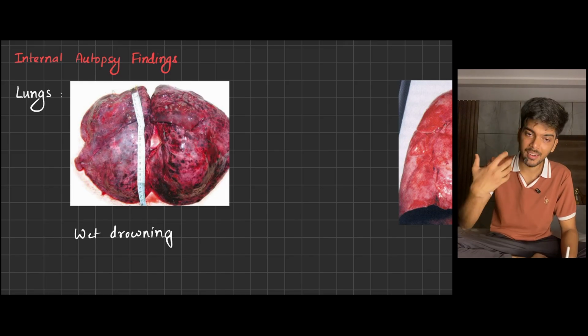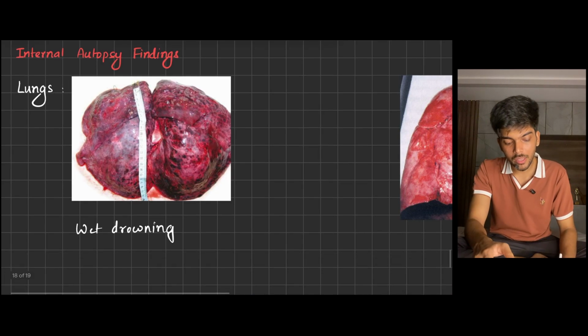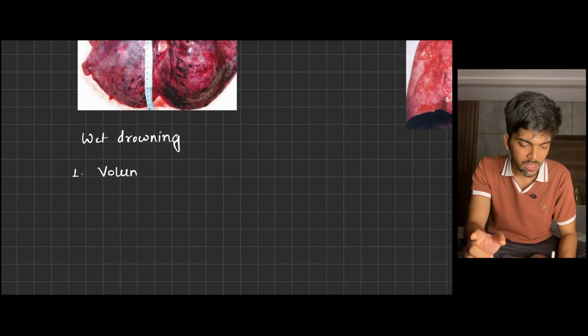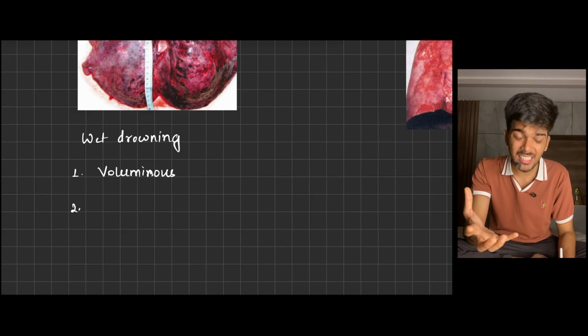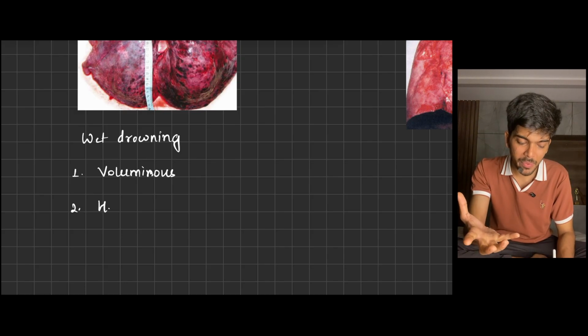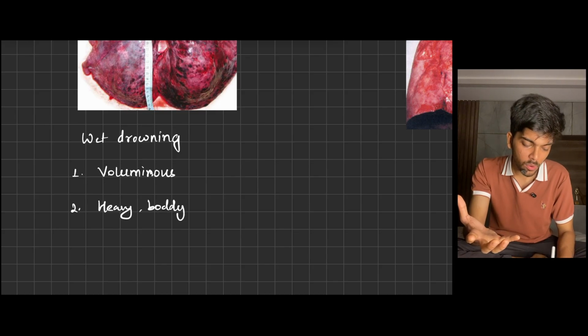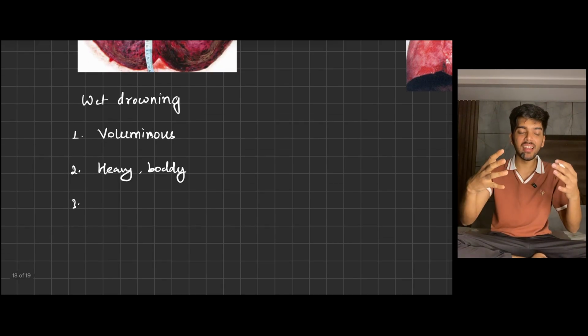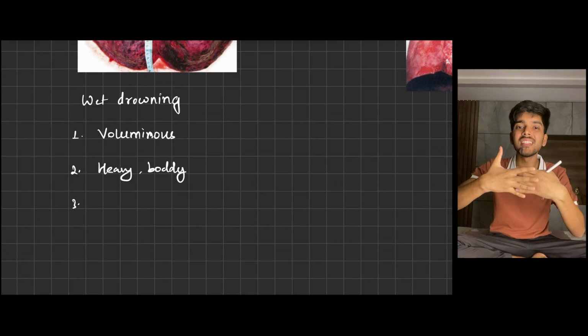The water has entered inside the lung. The lung is going to be, number one, voluminous, because it is filled with water. Obviously it's going to be full of volume, and as it is filled with water, it's going to be heavy and boggy. Not only that, as it is filled with water, voluminous and large and distended, it is going to push against the ribs.